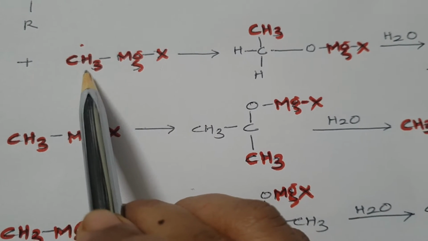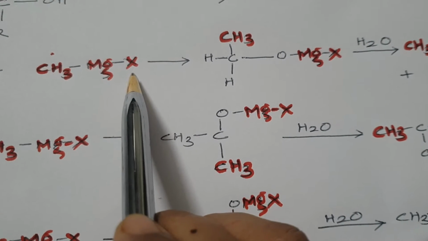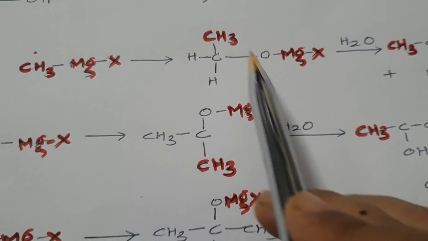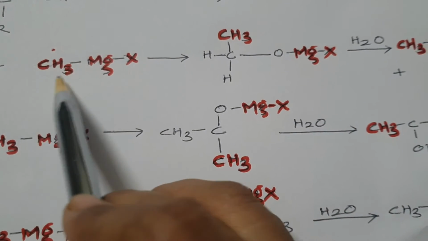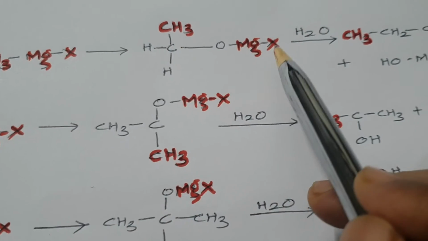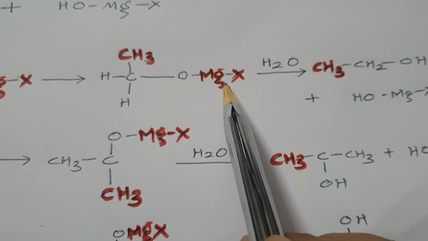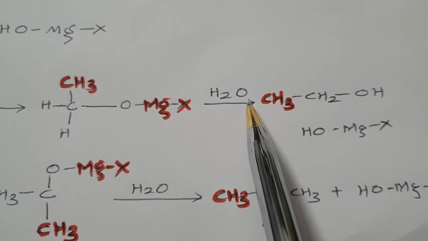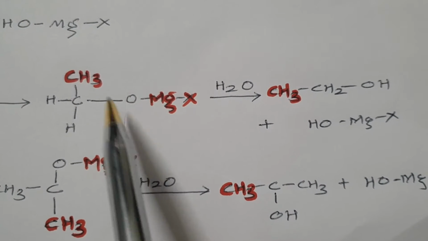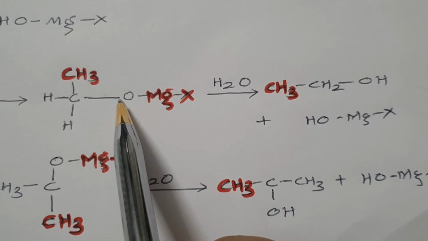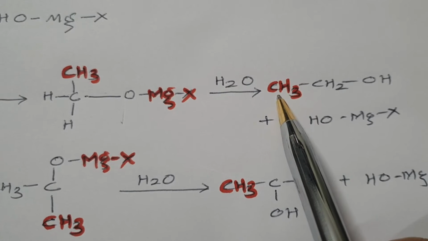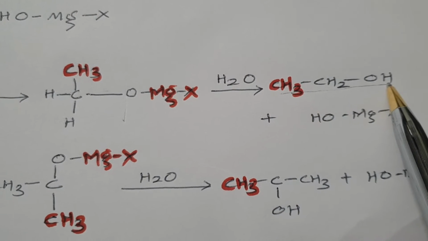So this is methyl magnesium halide. Same way, first adduct is obtained. So your CH3 adds to the carbon atom and magnesium halide to the oxygen atom. Further, it undergoes hydrolysis. Cleavage takes place over here, giving you OH on this side and hydrogen on the other side. Thus, I obtain ethanol as our product.